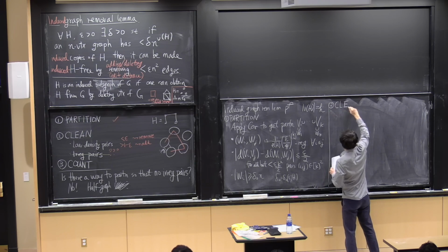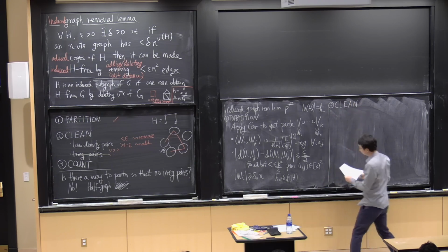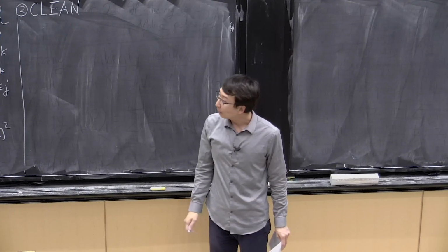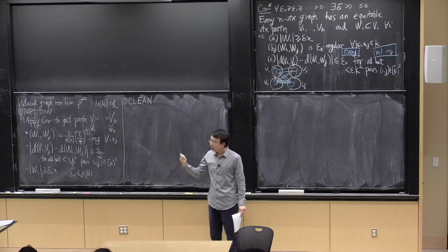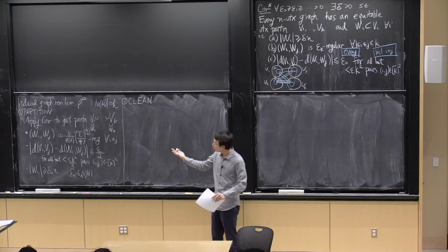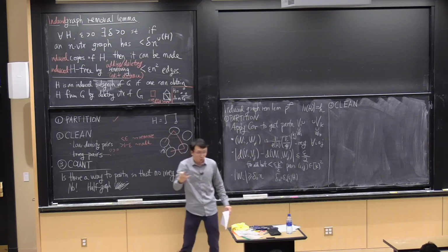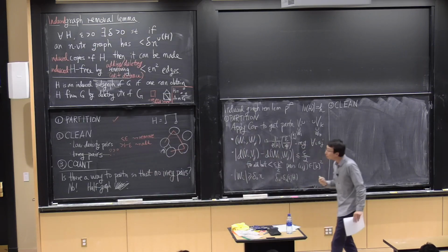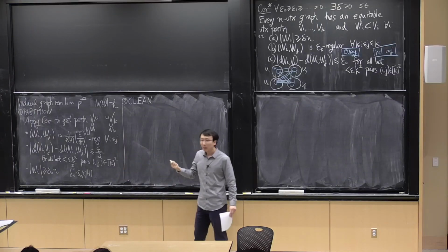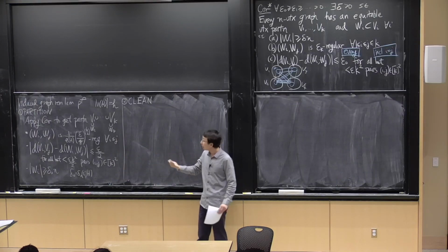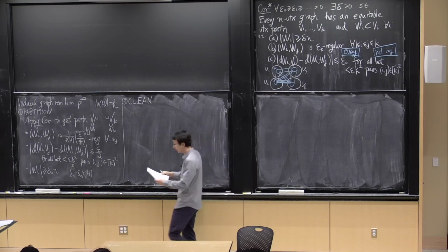So now let's do the cleaning. In the cleaning step, there's no longer an issue of irregular pairs if we only look at the Wi's. So we just need to think about the low density pairs or whatever the corresponding analog is.